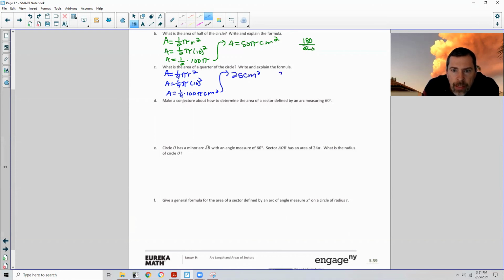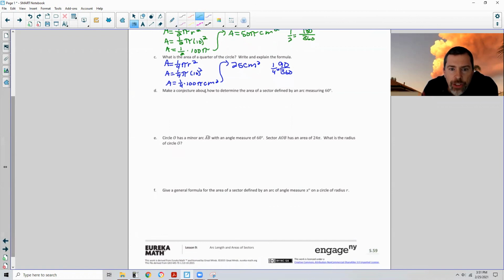So think of it as 90 over 360 is 1/4. I suppose I should have written this up here. 1/2 equals 180 over 360. 1/4 equals 90 over 360. So 1/4 of that circle is 25 centimeters squared with a radius of 10.